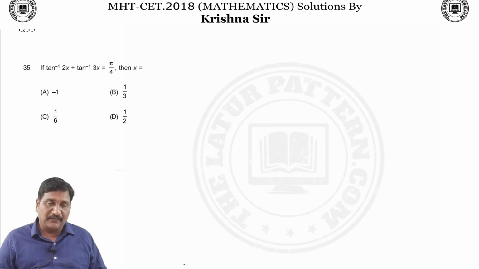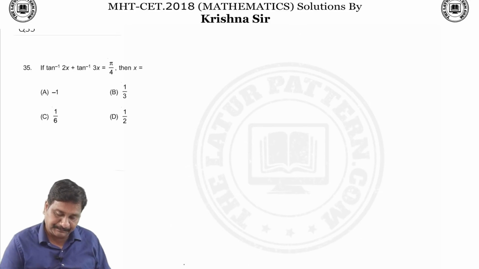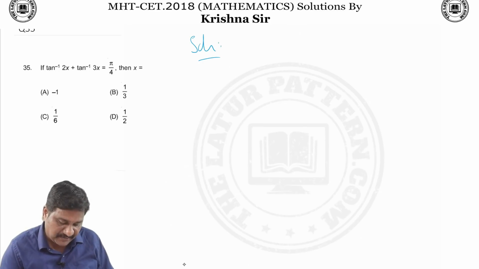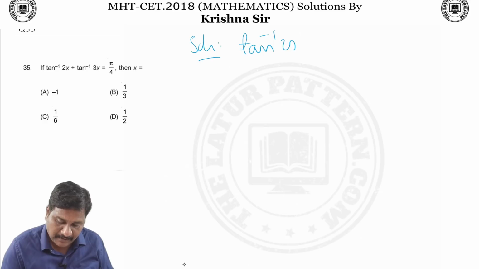Now the solution of question number 35. The given problem is tan inverse 2x plus tan inverse 3x is equal to pi by 4. Now find the value of x.